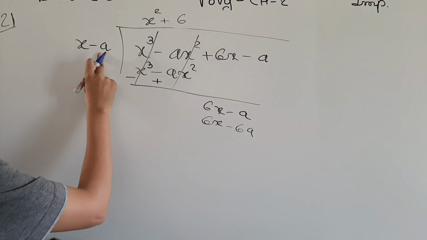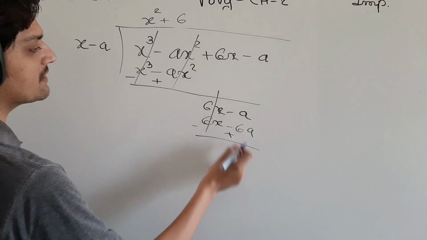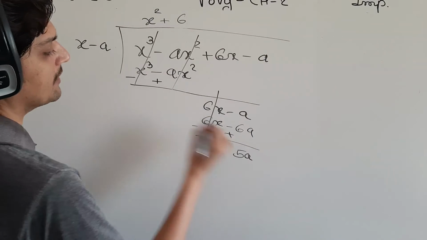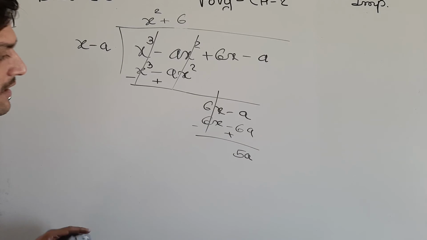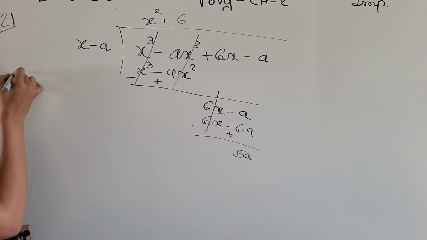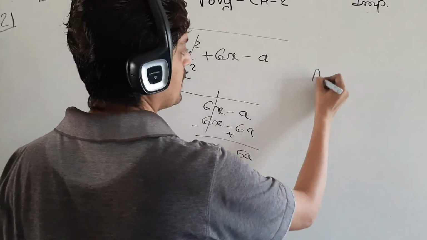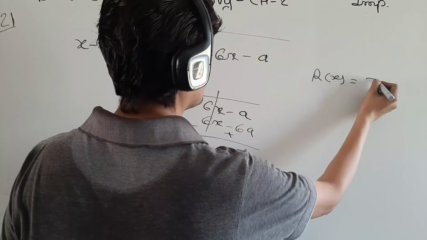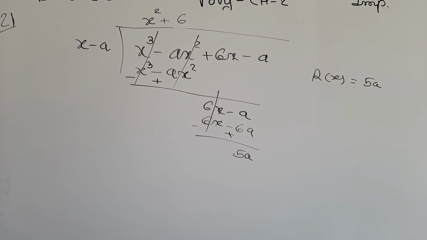The signs will change, the first term will cancel, minus a plus 6a gives 5a. So the remainder of x is 5a. Done.